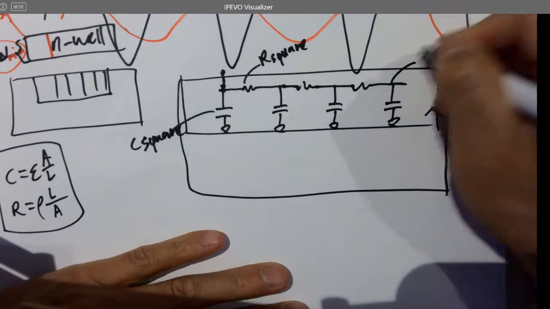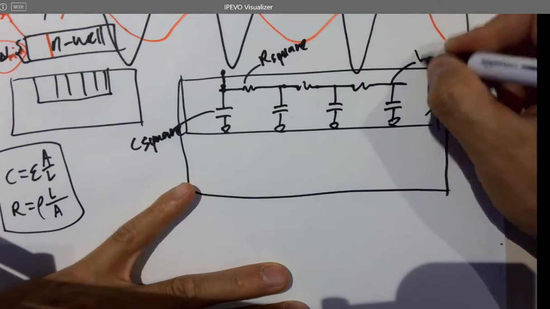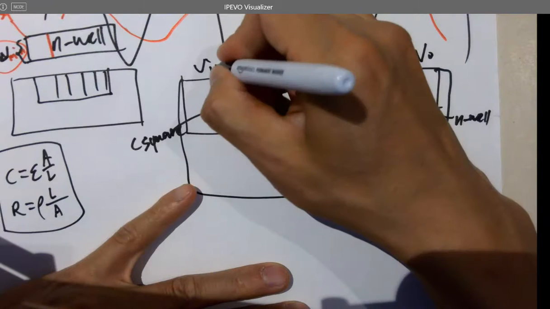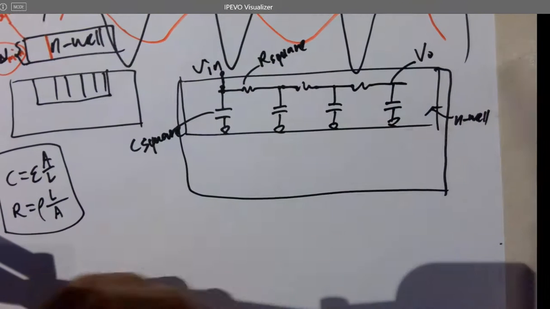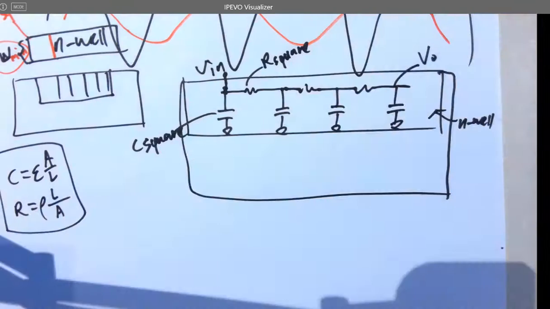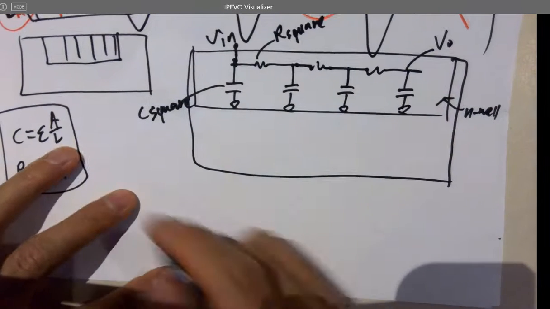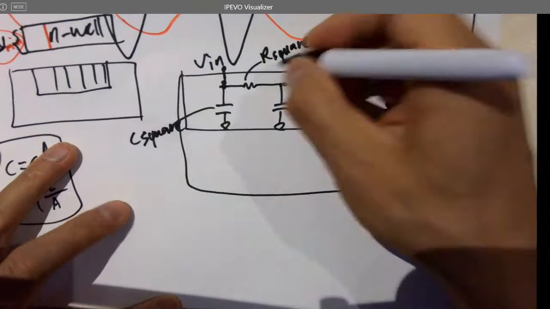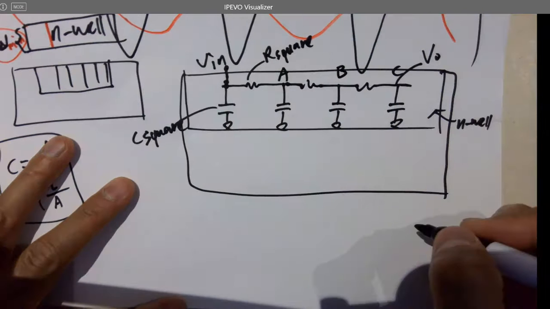So what's the time delay for the circuit over here? How do you calculate it? Here's V in. So the way to do that is you have different points. That's point A, point B, point C, for example.